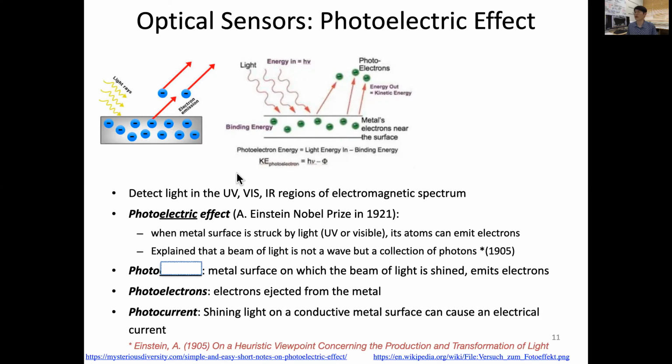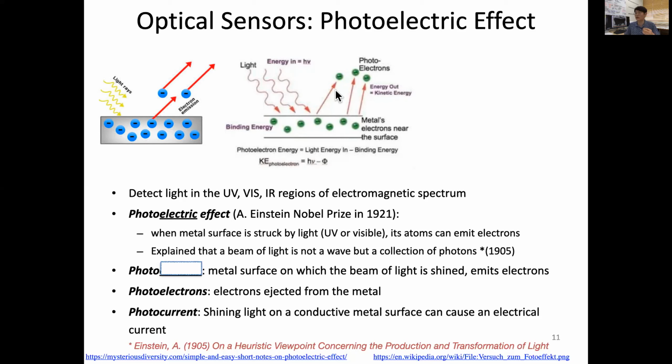The problem is, this effect could not be explained by the wave theory of light, because at a certain wavelength or higher wavelength, even if there's a lot of photons, a lot of light intensity, it never gives out photoelectrons.